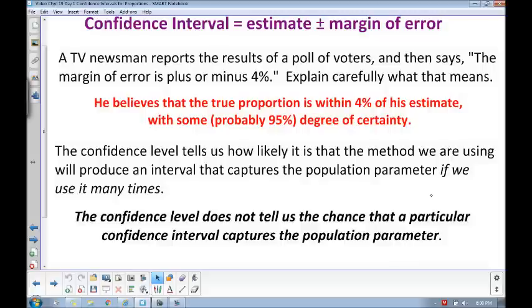It doesn't say that, for example, with a 95% confidence level, there's a 95% chance that I'm going to be right. What it says is if I do this sampling method 100 times, 95 of those should contain the true parameter. And I know that sounds like it's splitting hairs, but hello, welcome to statistics.